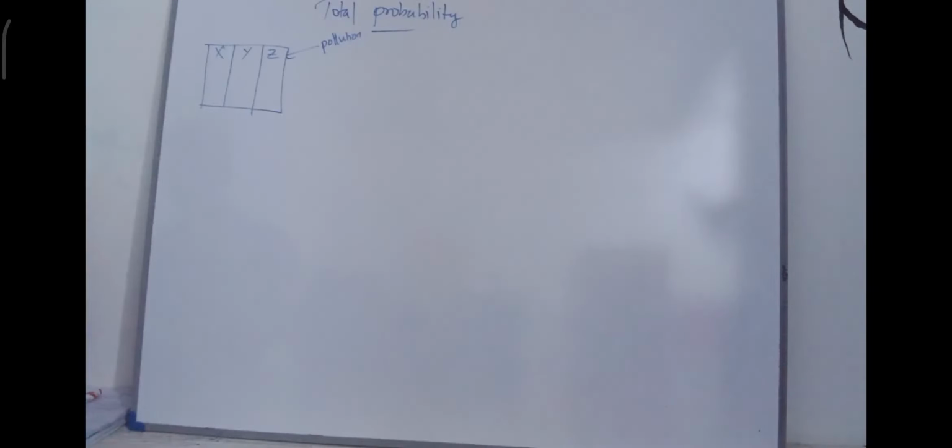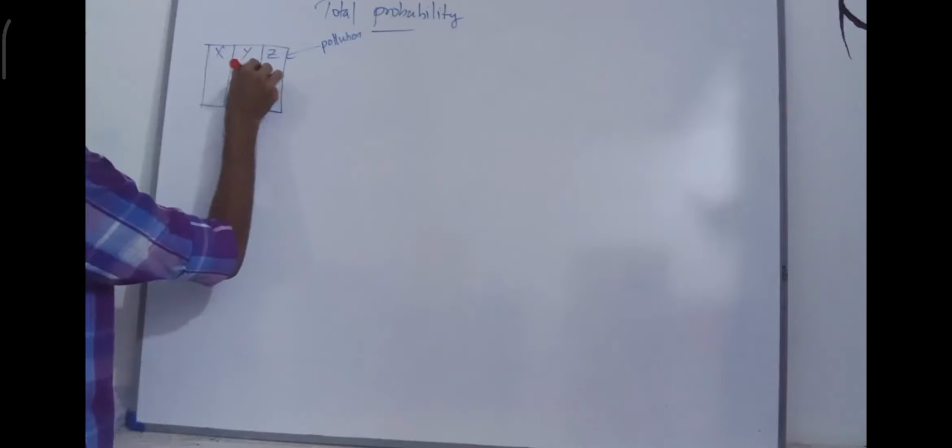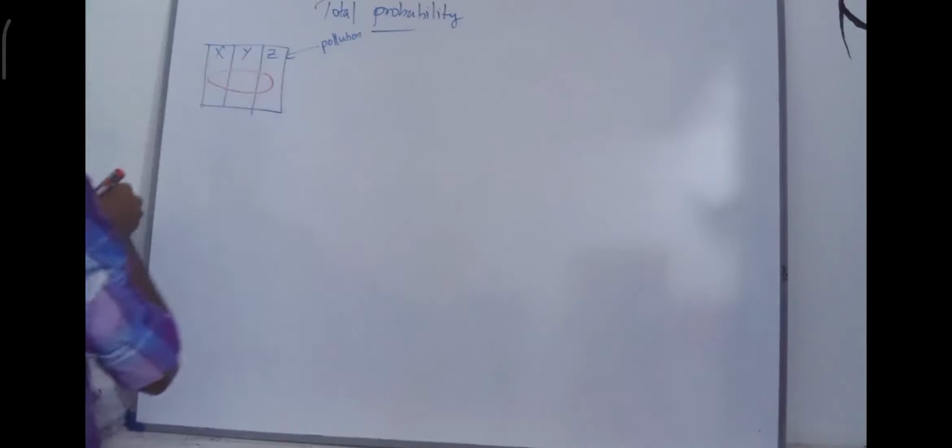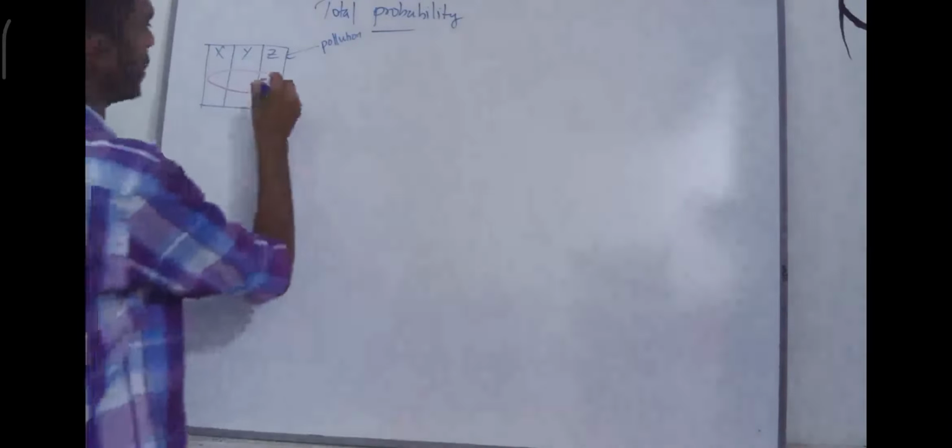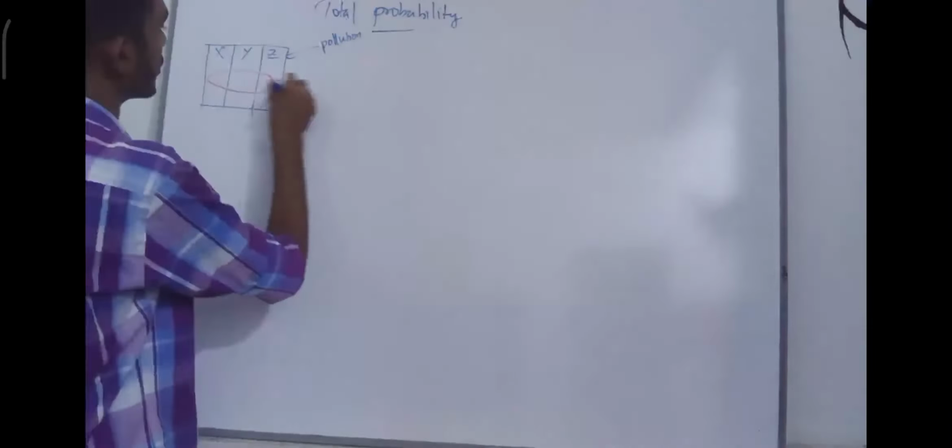So I am going to take this portion, let me use a different color, as the severe pollution. Now I have to find out the probability of severe pollution.